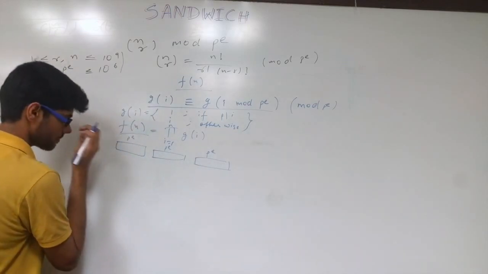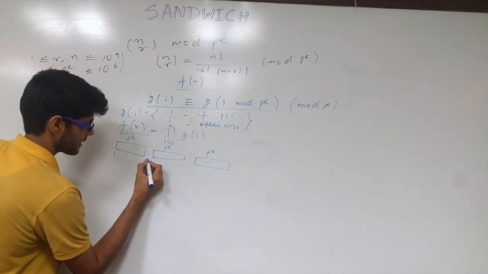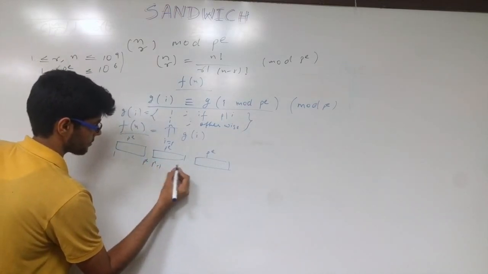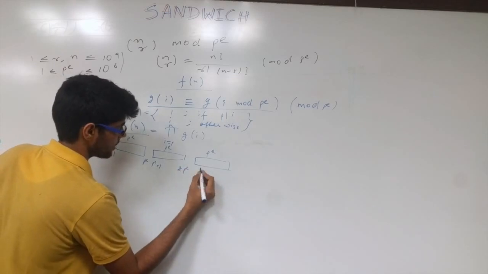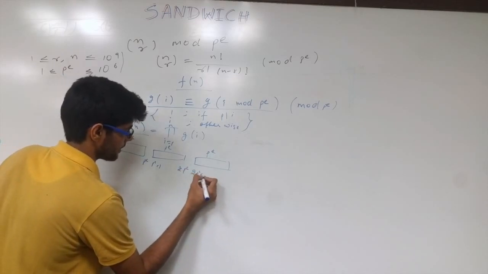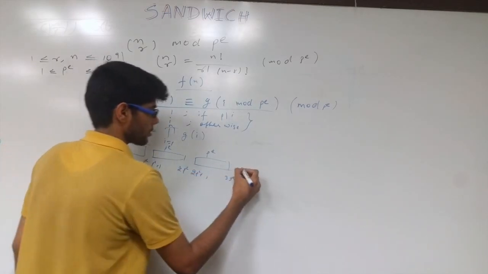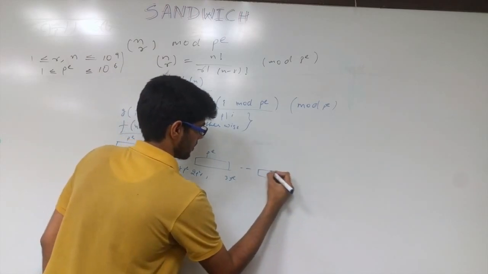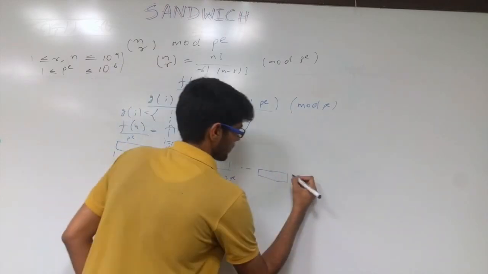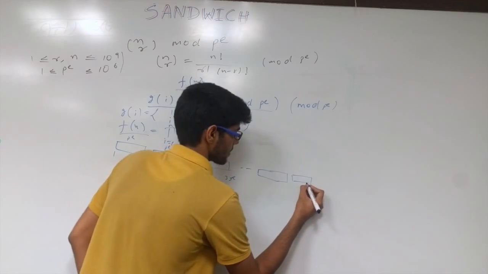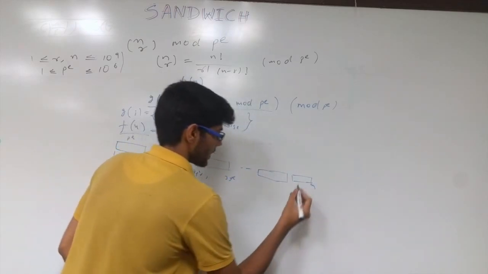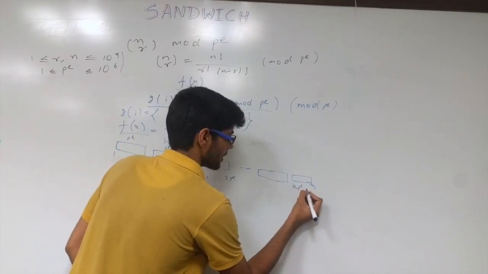The first starts from 1 and ends at p^e, the second starts at p^e plus 1 and ends at 2p^e, the third starts at 2p^e plus 1 and ends at 3p^e, and it goes on. The last block ends at n and starts at some k times p^e plus 1.